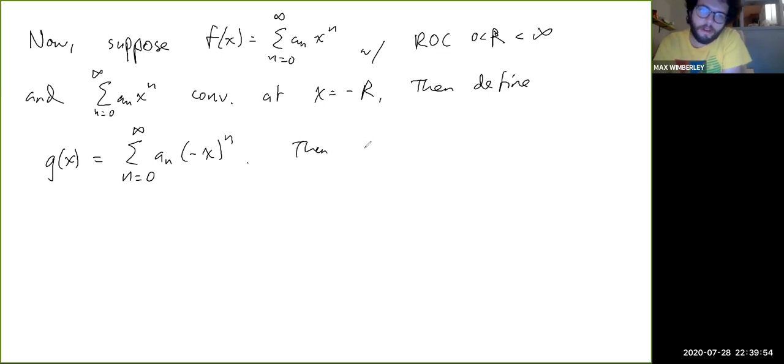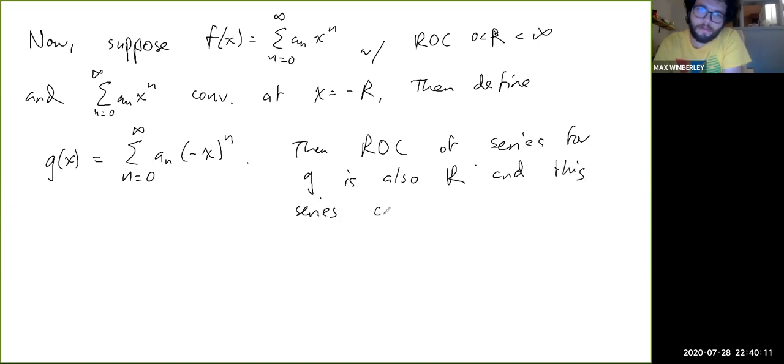Then the radius of convergence of the series for g is also r. We literally just reflected f across the y-axis, basically, right?